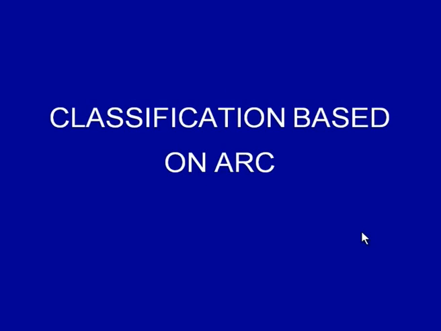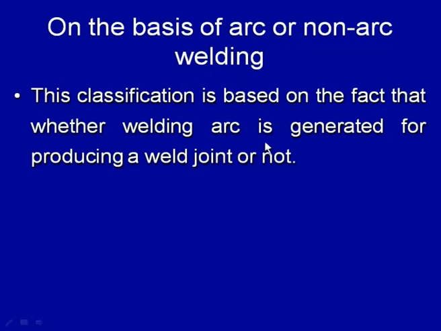So, the welding processes we can further classify based on the presence or absence of the arc which is used for generating the heat required for developing the weld joint. This classification is based on whether our welding arc is generated for producing a weld joint or not.